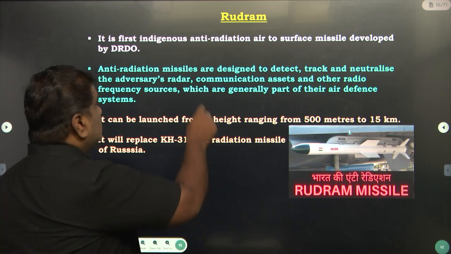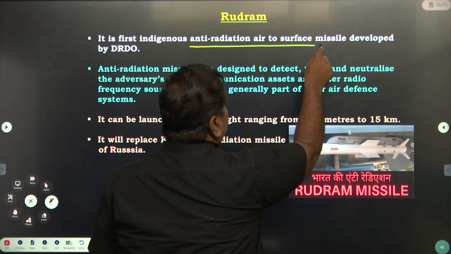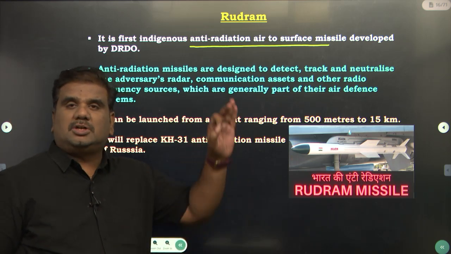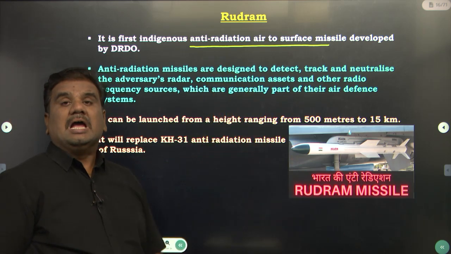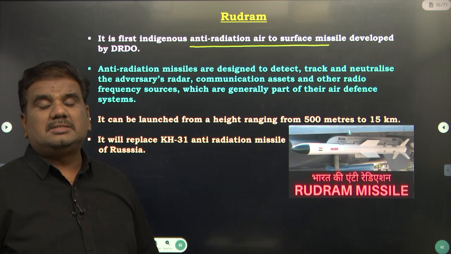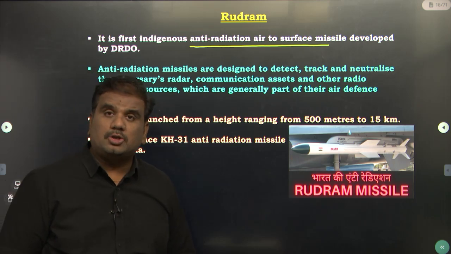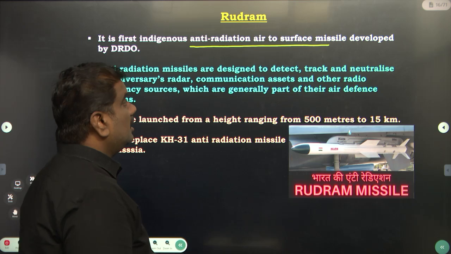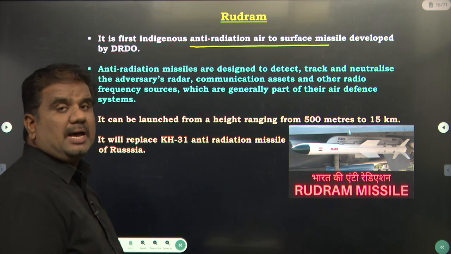So, Rudram is an anti-radiation air-to-surface missile. A missile which is launched from fighter planes. A missile which is launched from helicopters. That is the reason why you are calling this one an air-to-surface missile. It is an anti-radiation air-to-surface missile.